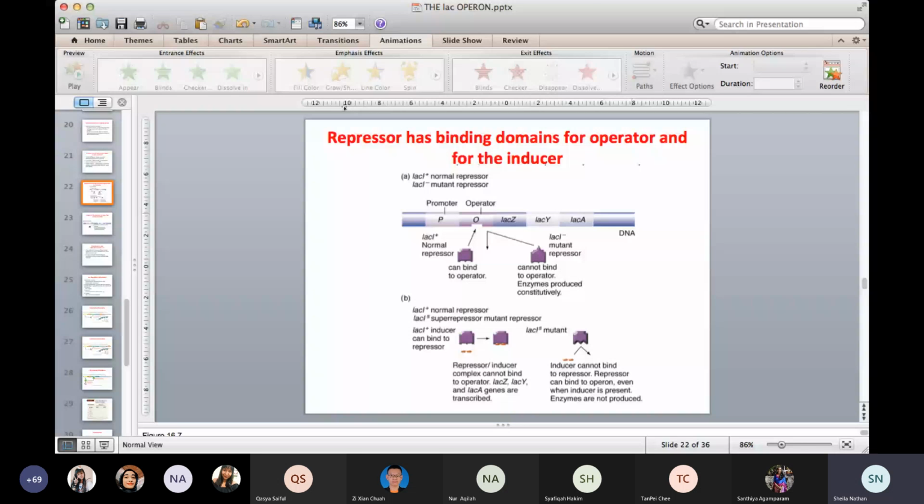Okay, right. The next mutation is known as LAC-IS. LAC-IS stands for super repressor mutant. You can already guess a super repressor is probably going to repress all the time, even in the absence of glucose.